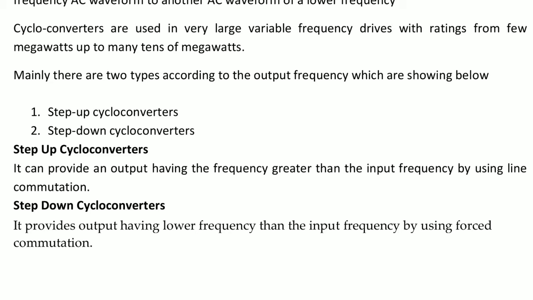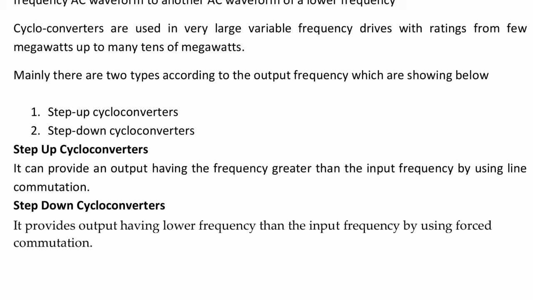And the second type is the step down cycloconverter. It provides an output having a lower frequency than the input frequency by using force commutation. In the circuit of step down cycloconverters, there are also many SCRs used to convert one form of frequency to variable frequency.